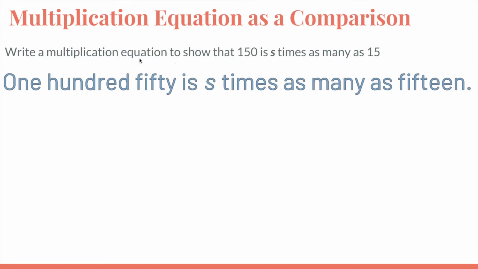We don't know what that is, but that's fine. We can still do what we're doing. 150 is S times as many as 15, or S times more than 15. So S times 15. Simple. And there you go. We're not worried about solving it in this video. We're just trying to get the equation written. All right? More practice. Here we go.